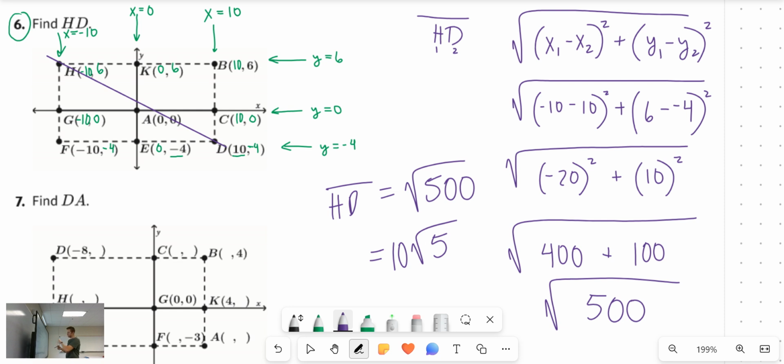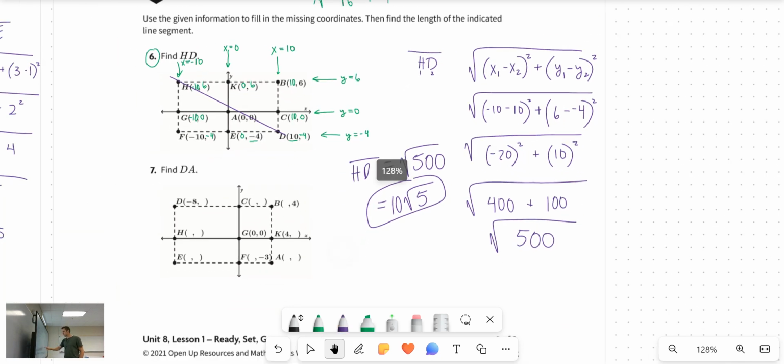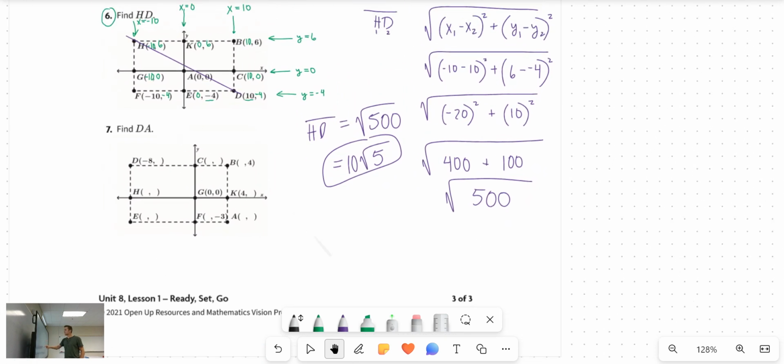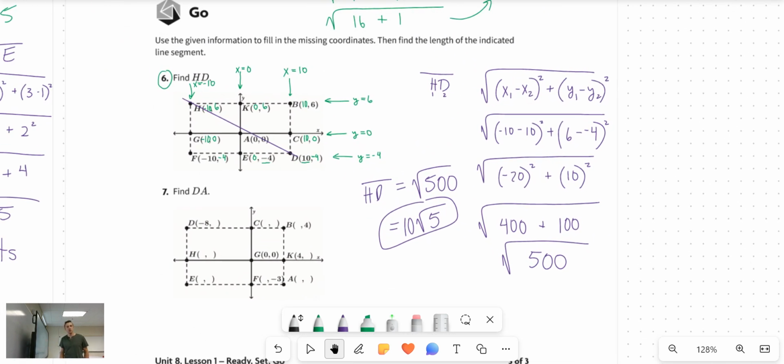We can take out 100, which becomes 10, and then just have a 5 inside. So that is the length of HD. Either one of these will be fine. And I believe that concludes the homework help for Unit 8, Lesson 1.